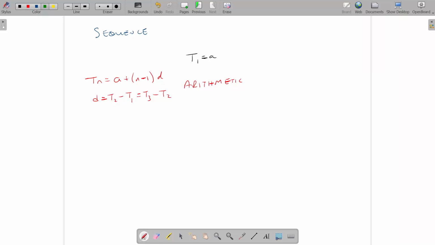If the thing is geometric, we know that Tn equals a times r to the n minus 1, where r equals T2 over T1, or alternatively T3 over T2.